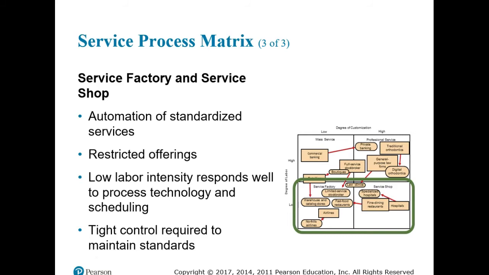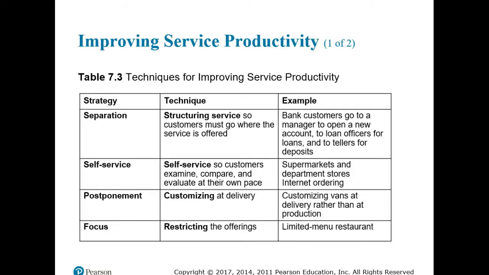So your service process matrix, service factory and service shop, you have an automation of standardized services, restricted offerings, low labor intensity, responds well to process technology and scheduling, and there's tight control required to maintain the standards. We're going to go back here.